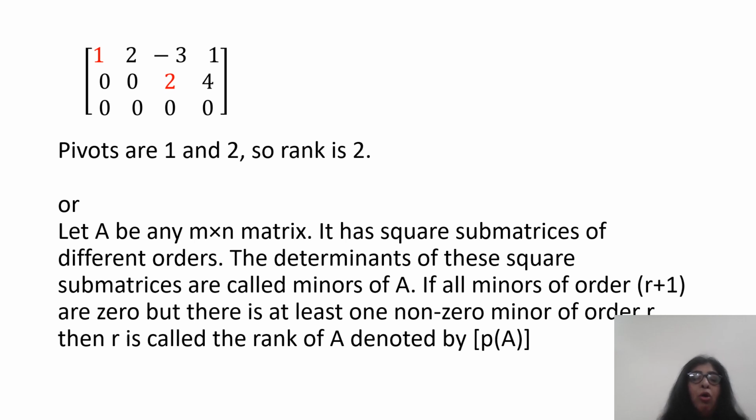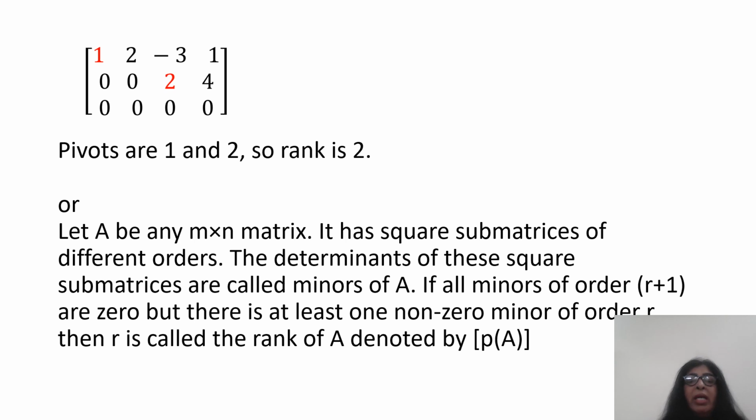So how to find the rank of the matrix with the help of minors? We consider a matrix A of m by n form. As it is an m by n matrix, it has square submatrices of different orders, right?